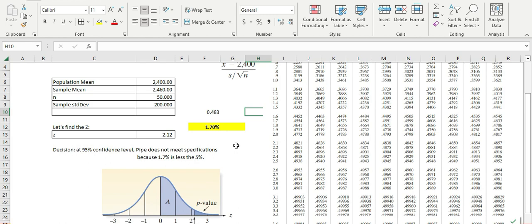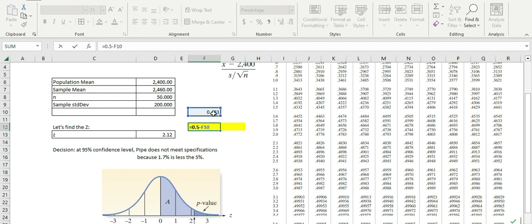So what else? Why 0.5 again? Have your 0.5 and minus the value from here. This whole curve is equal to 1, and if we divide it from end to end, the two halves are 0.5 and 0.5.